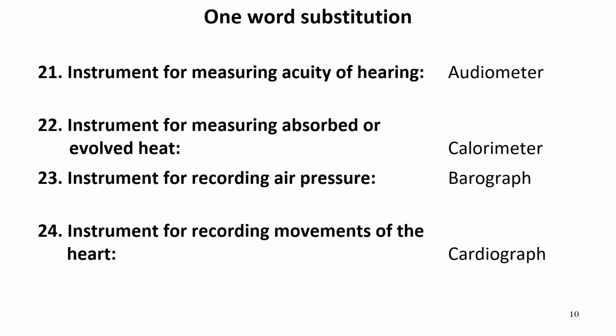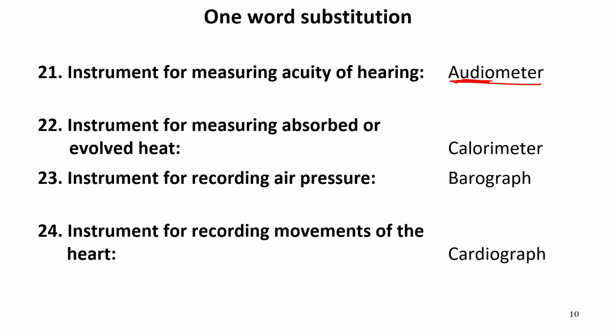Instrument for measuring acuity of hearing, or you can say the hearing power. So this is known as audiometer. We know well that audio is related to something that we hear or listen to, and audiometer is basically the measurement of the accuracy of our hearing, how properly we are hearing something, that is known as audiometer.